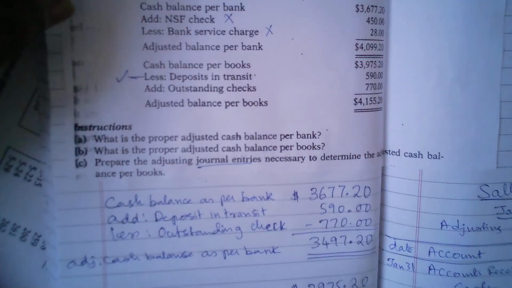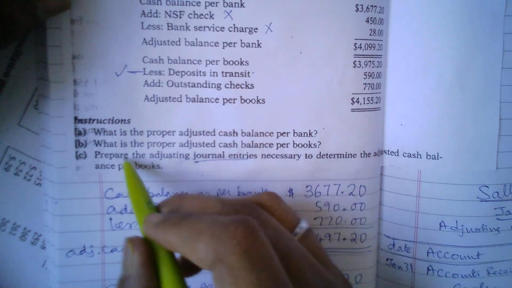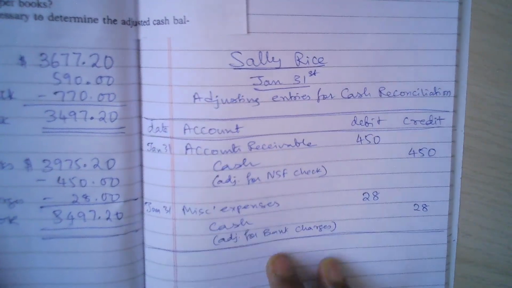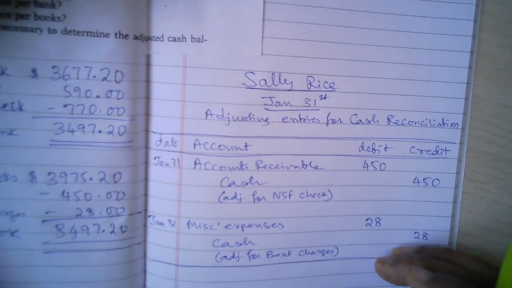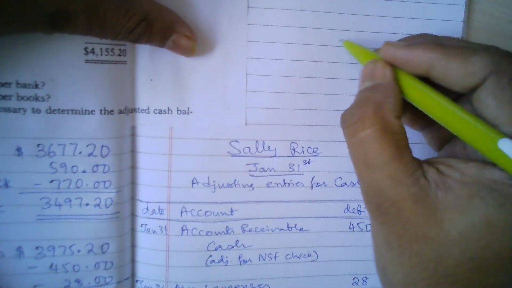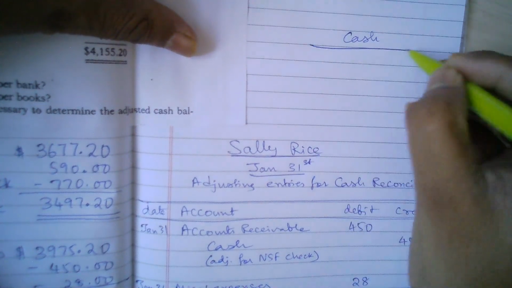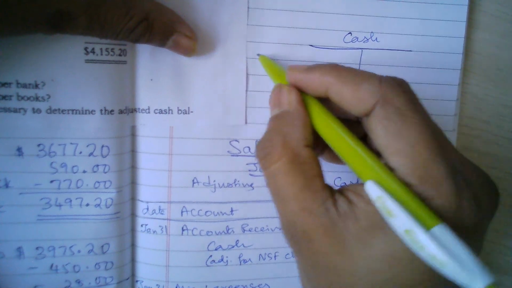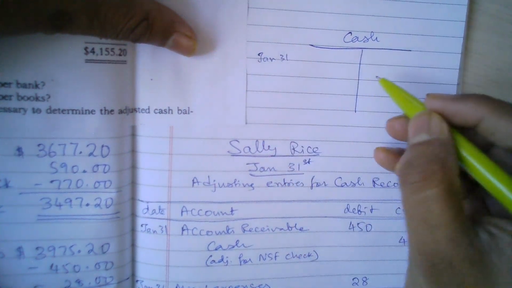So finally this is the answer for your third part, that is, prepare the adjusting entries necessary to determine the adjusted cash balance. Now how do you find the cash balance? Simply make a T account. I'll just demo that. The T account of the cash will be like this. On Jan 31, what was the opening balance?